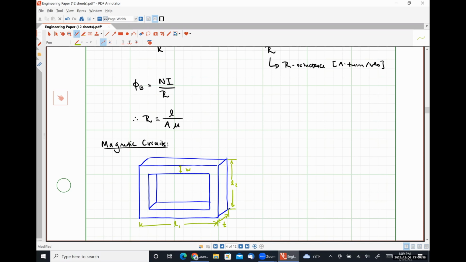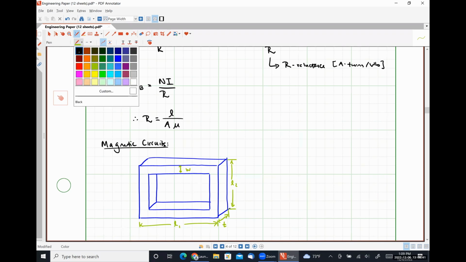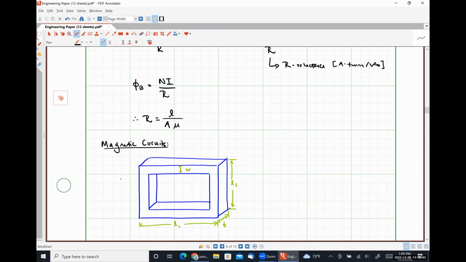Let's call that W. And then we are going to wrap our wire around our core some number of times, like so. And there are N turns of our current carrying wire, current being carried is I.